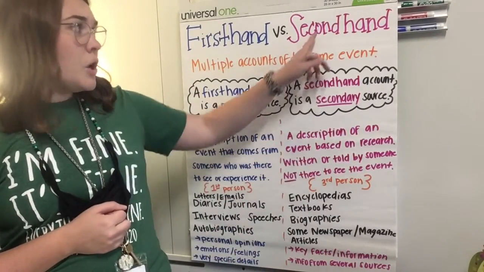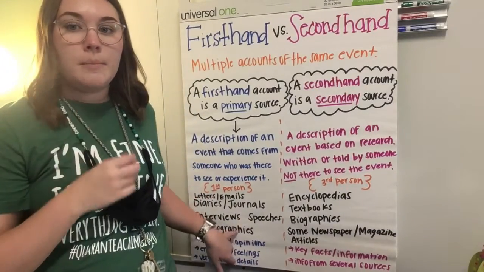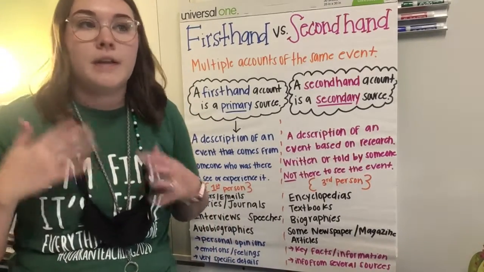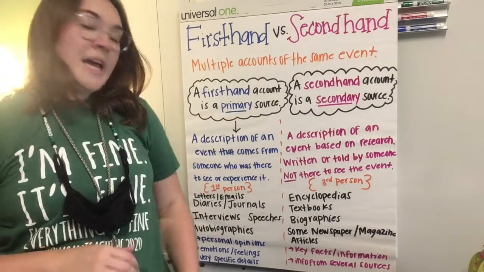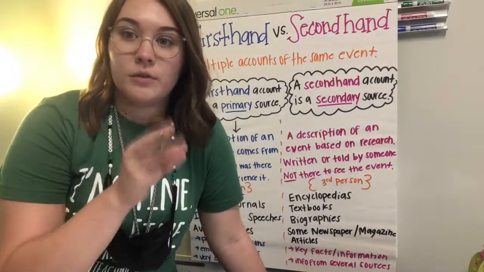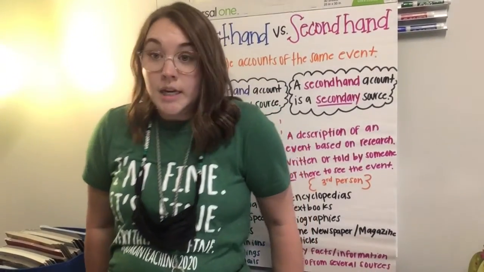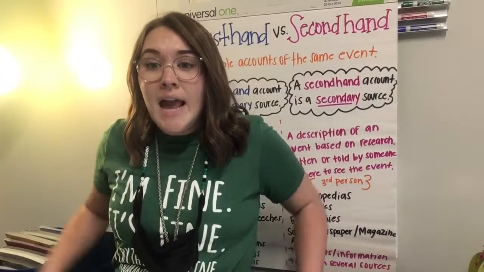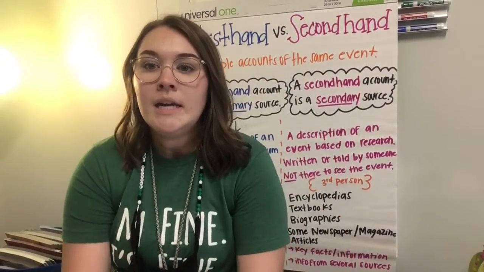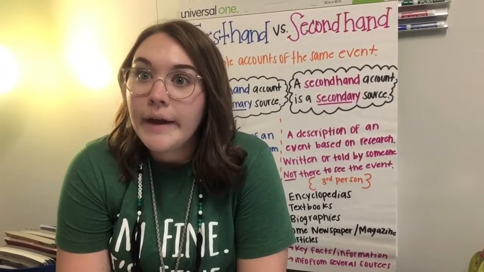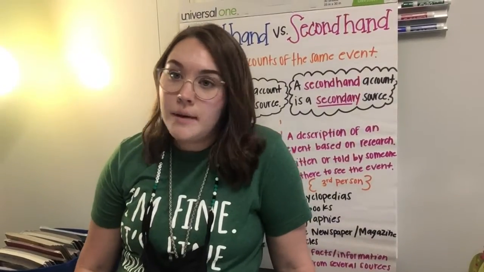So second-hand includes key facts and information because you can't include emotions and feelings and all of that because you weren't there to begin with. So you're just including key facts and information, and you're also going to have info from several different sources. So when you do a research project, you're going to be looking through all of these sources, and the project that you do is going to be a second-hand account because you weren't there when the regions of Texas were established or when the map makers decided to make regions.